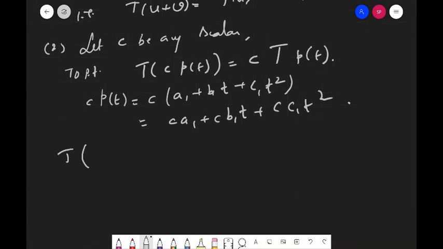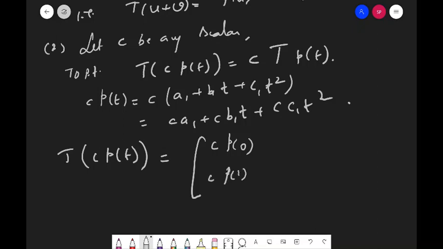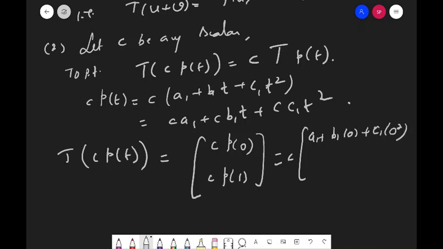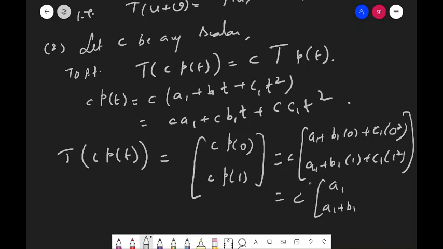Now what is T of c P of t? By definition, it should be a column matrix where you will write c into P of 0, c into P of 1. So this is equal to c into P of 0 means A1 plus B1 into 0 plus C1 into 0 square, and A1 plus B1 into 1 plus C1 into 1 square, which is equal to c into A1 and then A1 plus B1 plus C1.